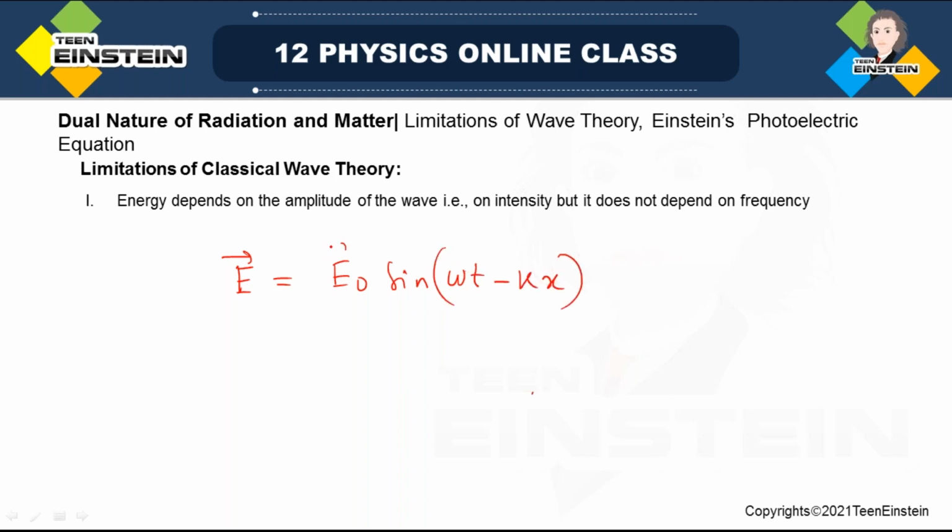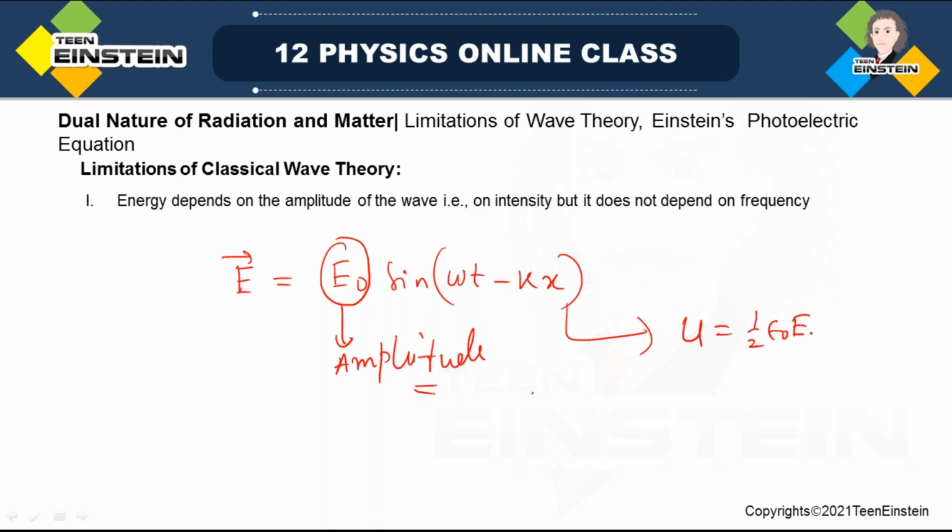Here E0 is called the amplitude of the wave. When this is the amplitude, the corresponding electric energy density will be half epsilon naught E0 square.